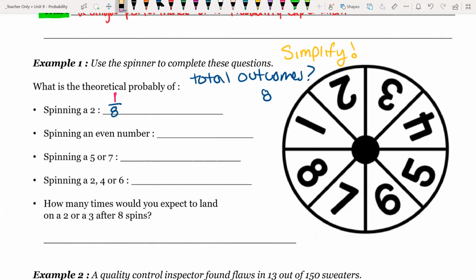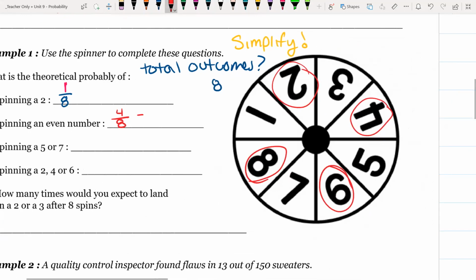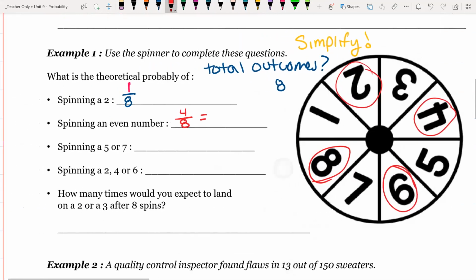What's the probability of spinning an even number? Even numbers: 2, 4, 6, 8. That's 4 out of 8 total. How can we simplify 4/8? Well, 4/8 we could simplify to 1/2. All right, let's just keep on going.